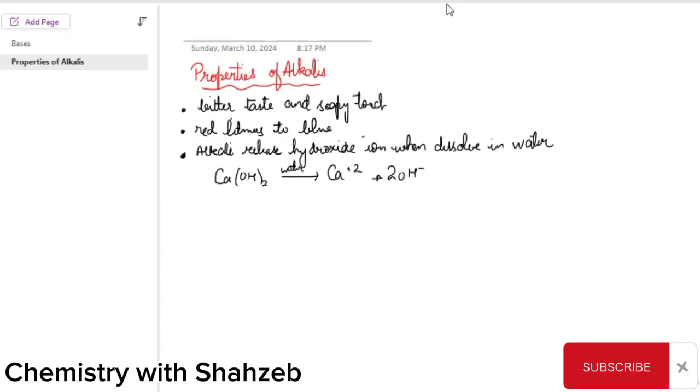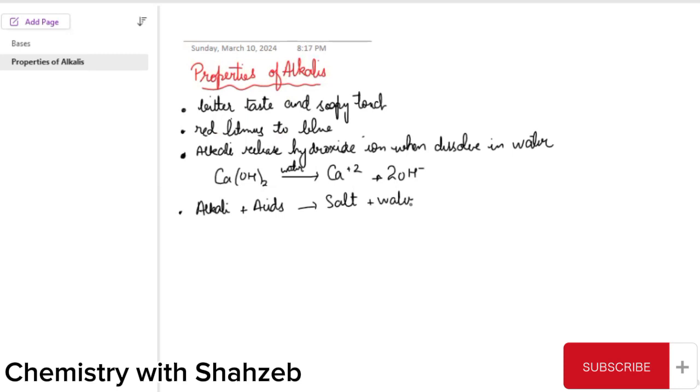After that, let's move towards another property: alkali reacts with acids to form salt and water.